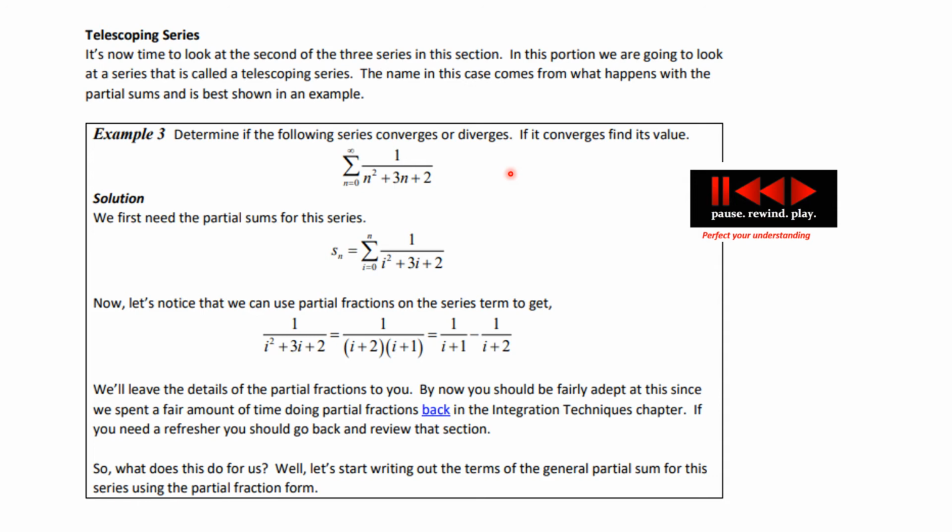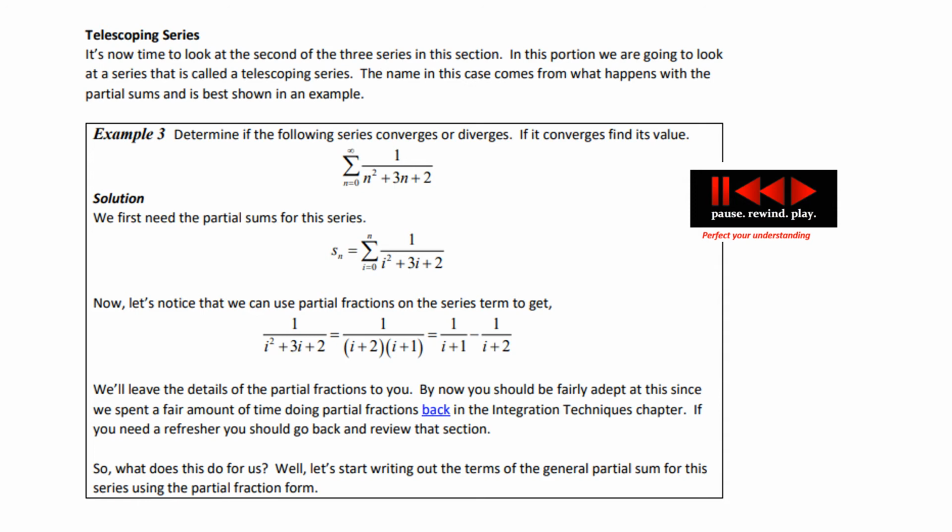So what we want to do is look at the partial sums. So we go from i equals 0 to n with this, and those are the partial sums. And again, that's a dummy variable, so I can change it that way. But now we're going to look at this term in the summand, and we're going to realize that I can use partial fractions on that. And of course you can do Heaviside.